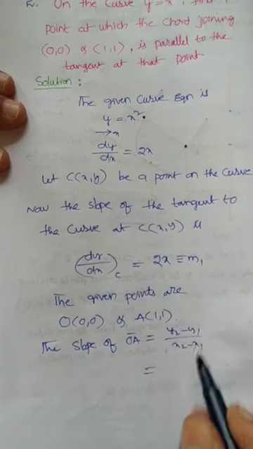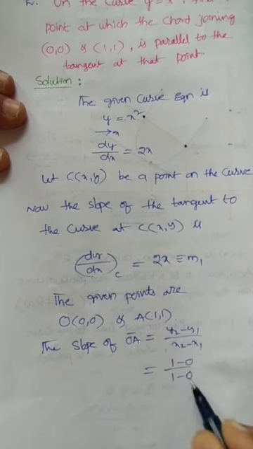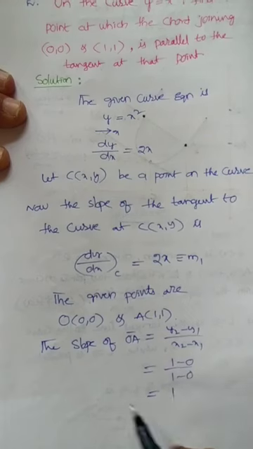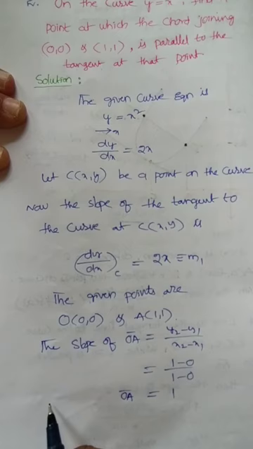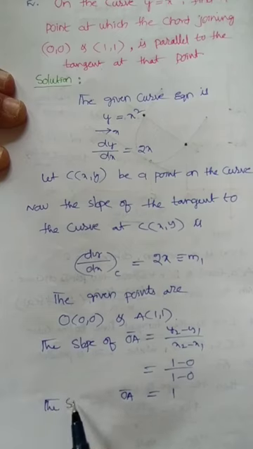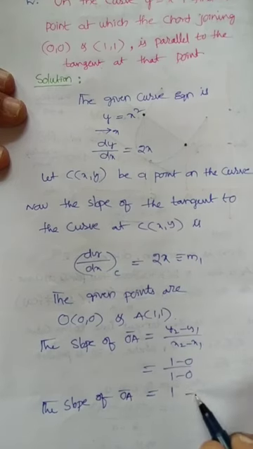So y2 minus y1 means 1 minus 0 by 1 minus 0. So I got 1 by 1, which is 1. It is the slope of OA bar. The slope of OA bar, I am considering it as m2.